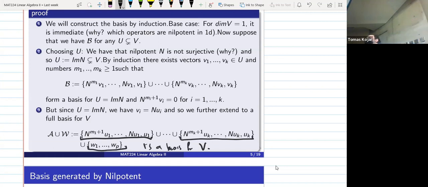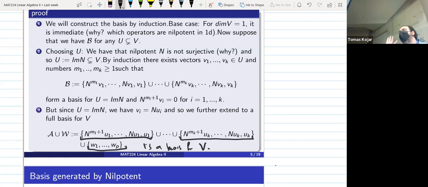When you say pick, how do you pick it? What do you mean? What if it's in the span? No, you can't just. So how do you pick the next guy? You have 3 of them.